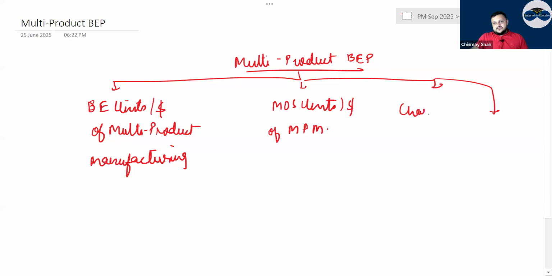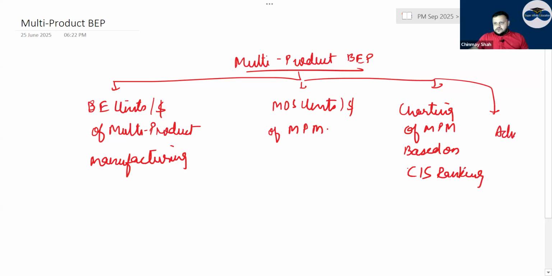Then charting of multi-product manufacturing based on C/S ranking. This is very important.